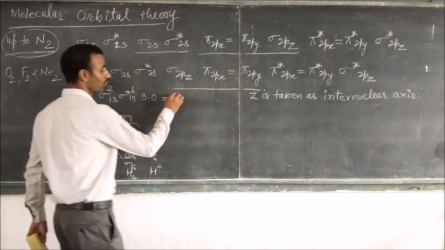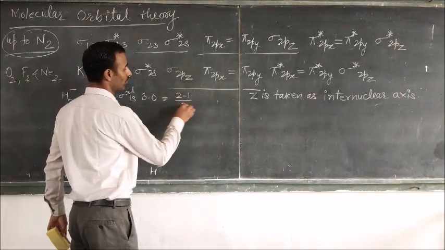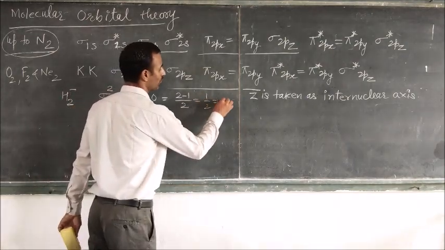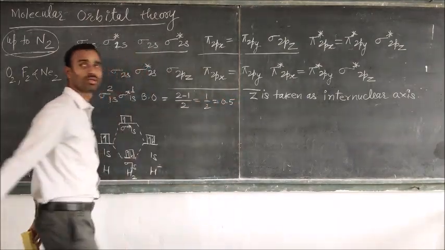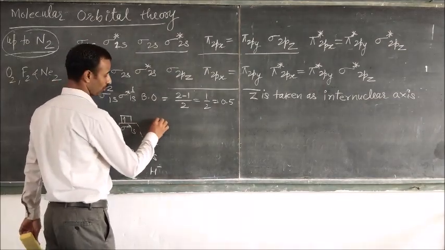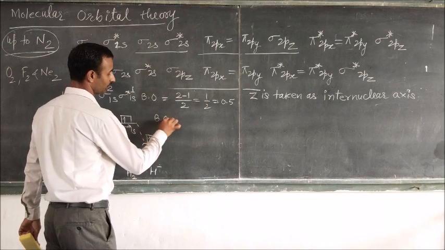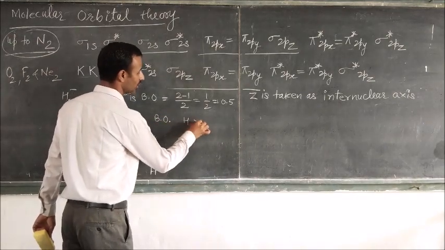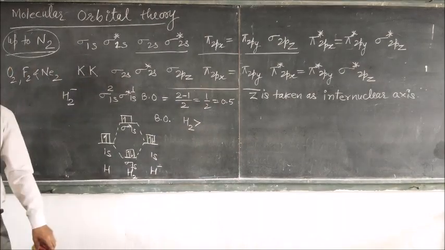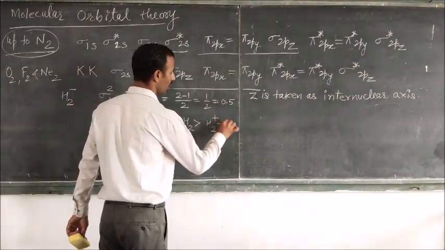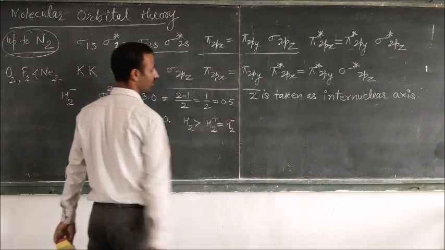So what is the bond order now? 2 minus 1, over 2. That means 0.5. So now, if we compare, the bond order of H2 is 1, and the bond order of H2 plus and H2 negative is the same.